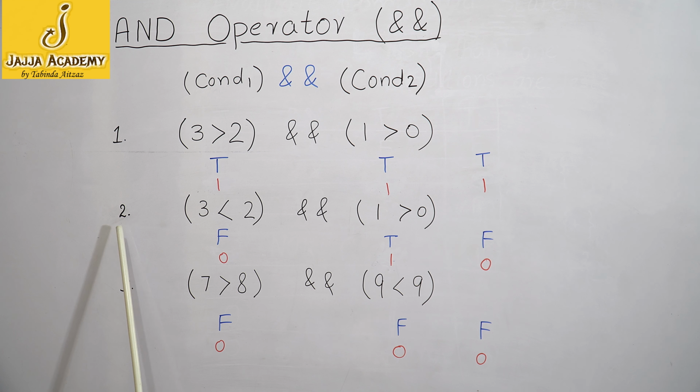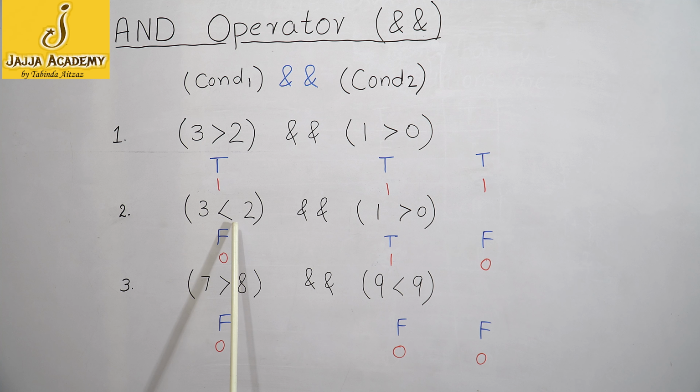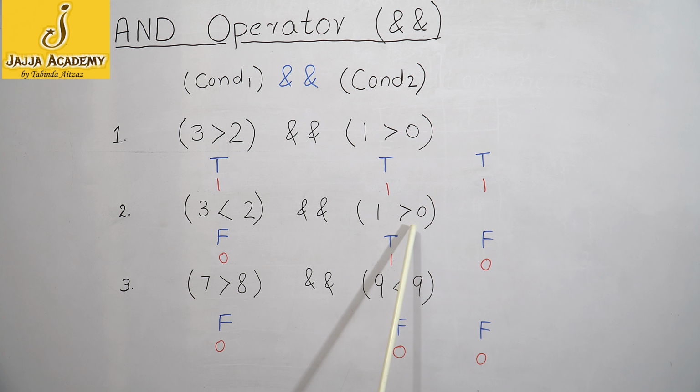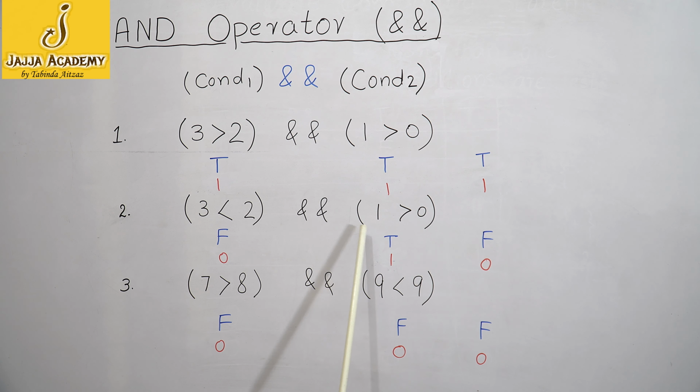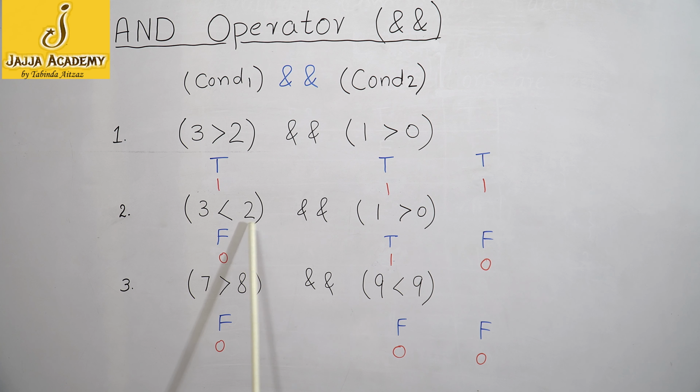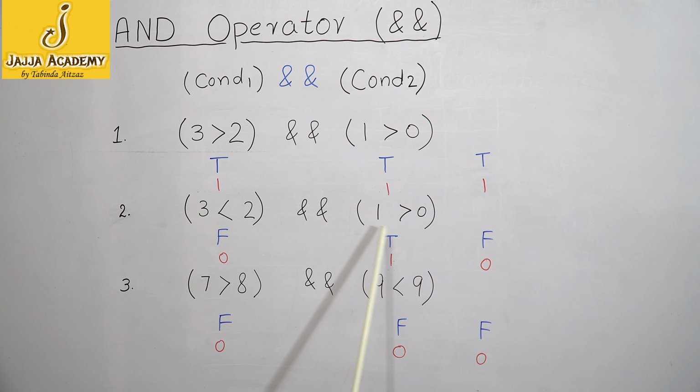In the second example, 3 is less than 2. This is the condition 1 and 1 is greater than 0 is condition 2, and the AND operator is applied between these two conditions. Now 3 is less than 2, it is false as 3 is not less than 2, it is greater than 2, so it will return false. On the other hand, 1 is greater than 0, which is true condition.